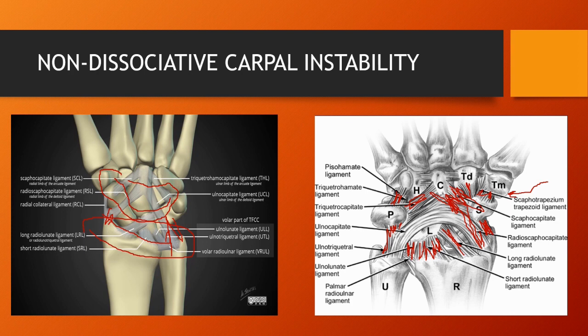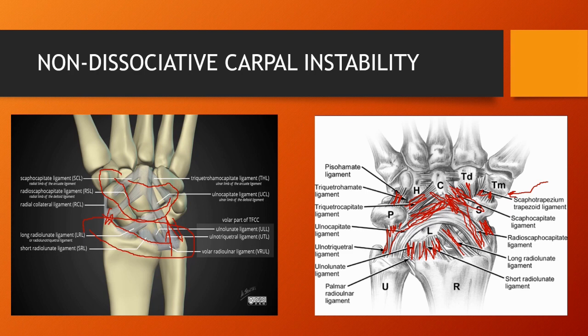And then, for example, here we have an ulnocapitate ligament here, which spans two articulations. And this is just an example on the volar aspect of the hand. You can imagine that the pattern and overlapping arrangement of ligaments on the dorsal aspect of the hand would also be similar.